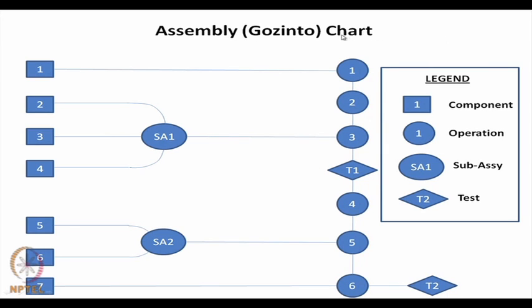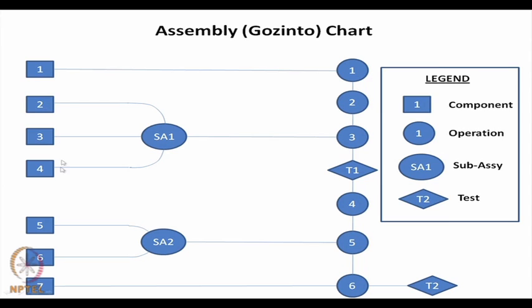This is also known as an assembly chart. These symbols are for the components. So, this is a component, and they are all bought from outside, and these are the operations. Of course, I have not written down the names of the operations, but one should write them.